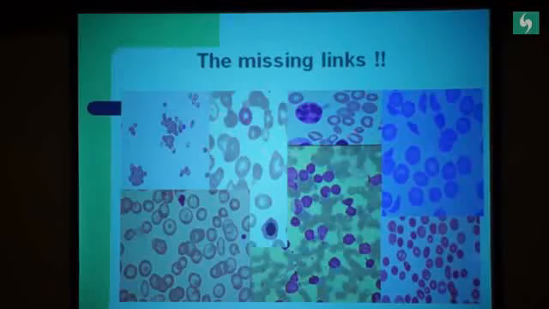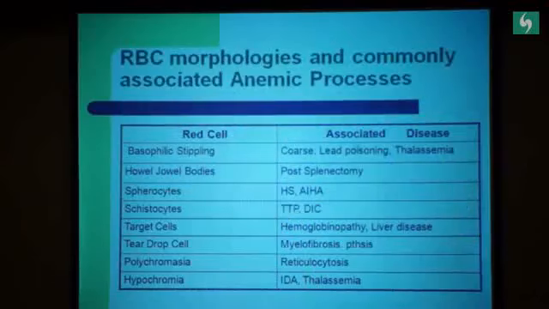We are seeing basophilic stippling, again a spot diagnosis of B12 deficiency, hypersegmented neutrophils, blasts, nucleated RBCs, target cells in thalassemia. Then you are seeing crenated RBCs and schistocytes when there is thrombotic thrombocytopenic purpura or a microangiopathic hemolysis, and spherocytes in autoimmune hemolytic anemia. So these are things which the automated analyzer will not pick up. So a peripheral blood smear should be integrated into each case of anemia workup.